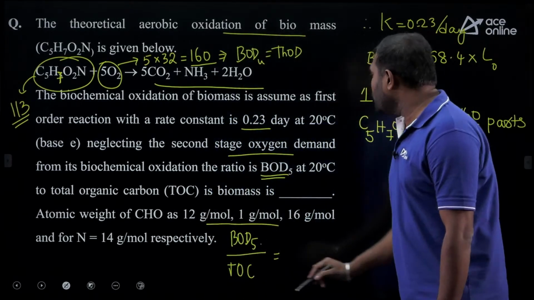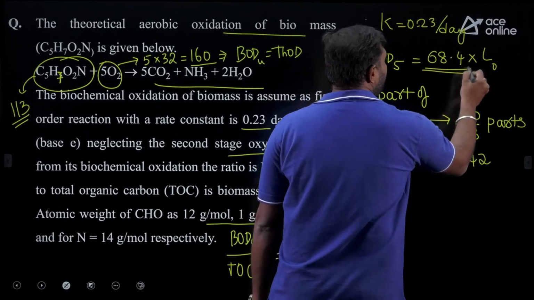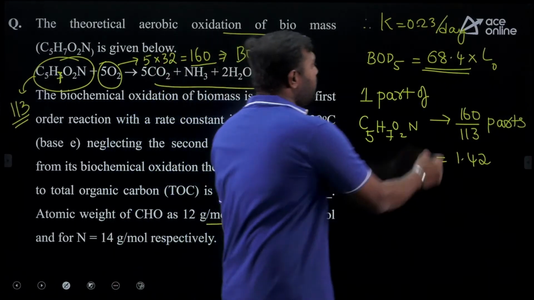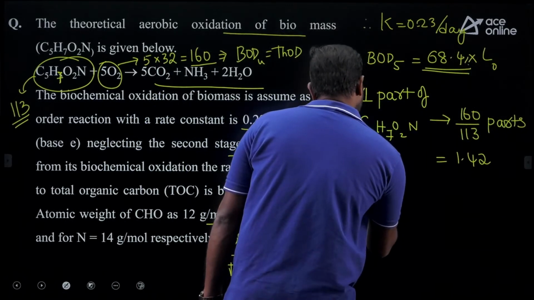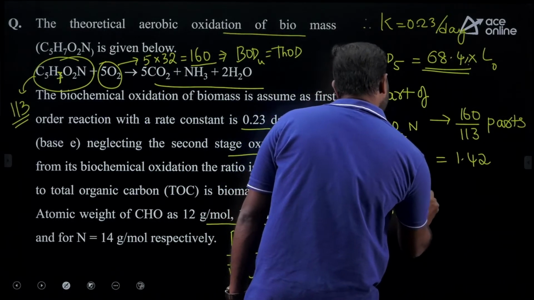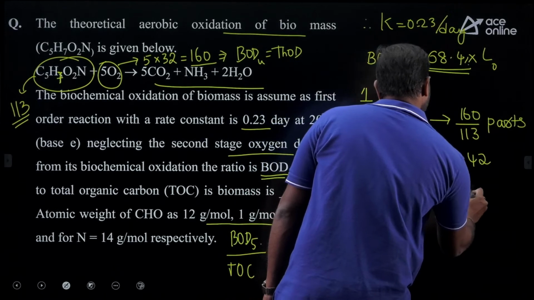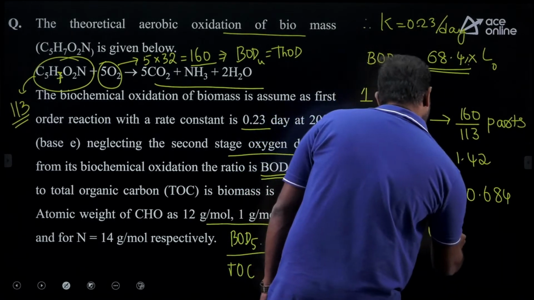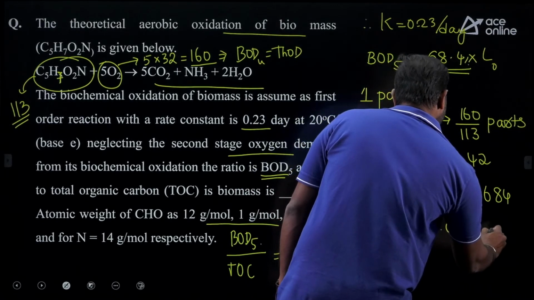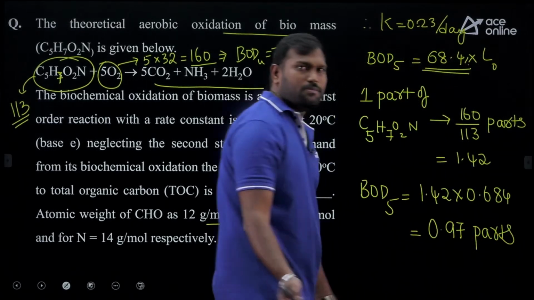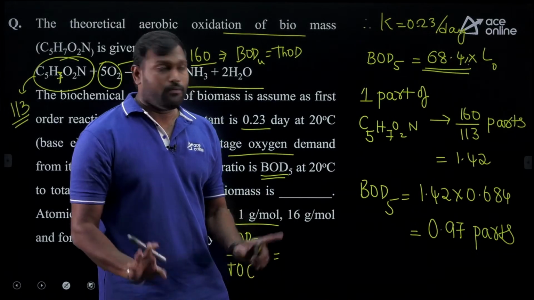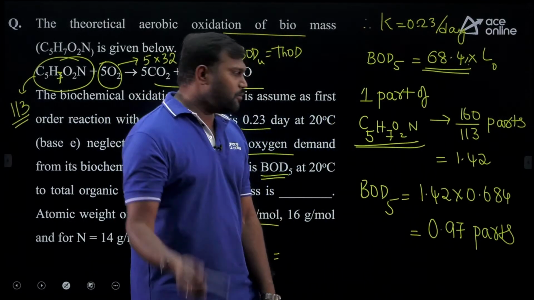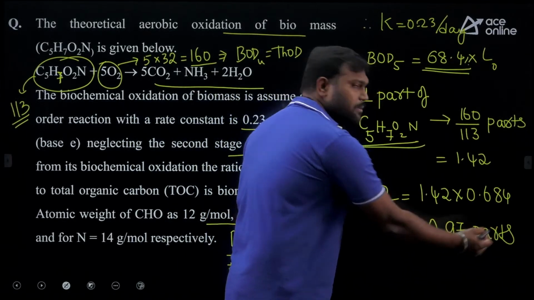And anyway, we know 5 day BOD is nothing but 68.4% of the ultimate BOD. So the 5 day BOD is equal to 1.42 into 0.684. This yields 0.97 parts. I am not going to find it in terms of mg per liter or anything like that. So the final point is, for one part of this chemical compound, the 5 day BOD is 0.97 parts.